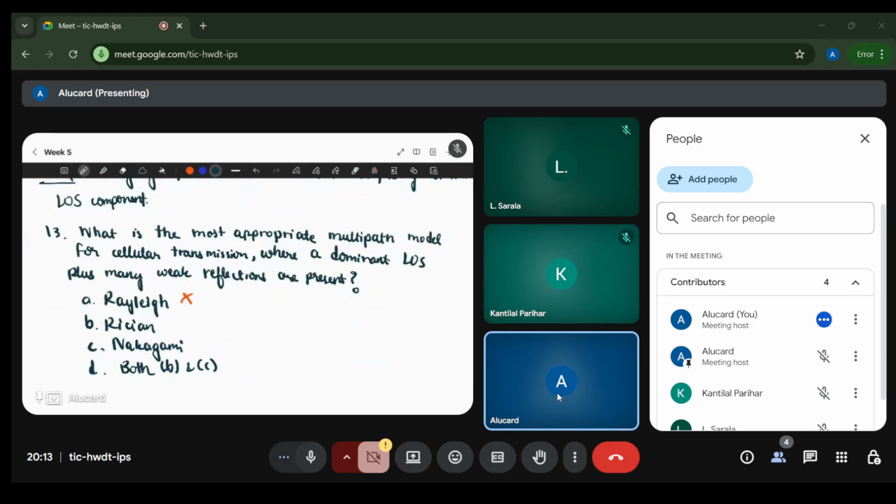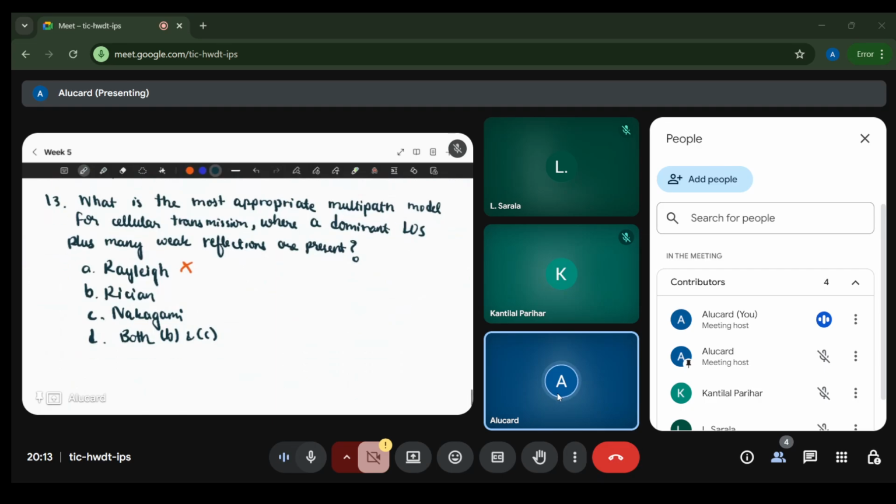Nakagami also you can model if you have a line of sight component. That also includes one component, which is a line of sight component. Now, are these good models when the line of sight component is very dominant and the other components are very weak? That you go and check in the lecture videos.